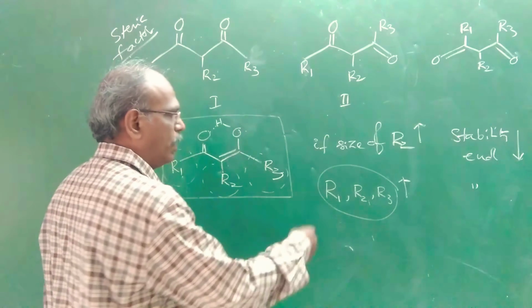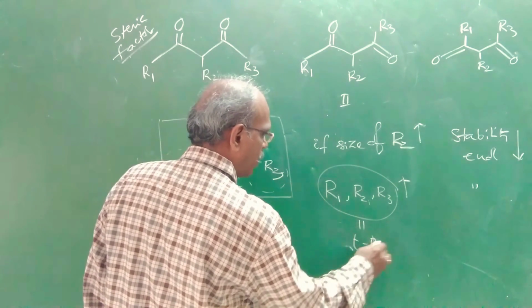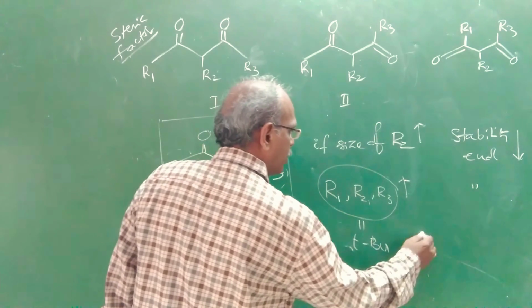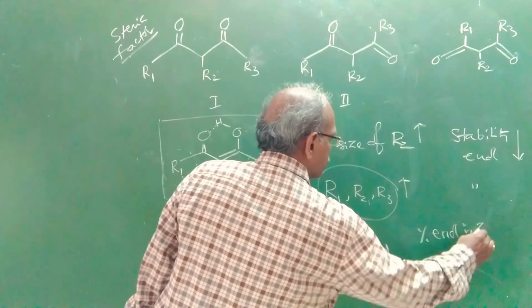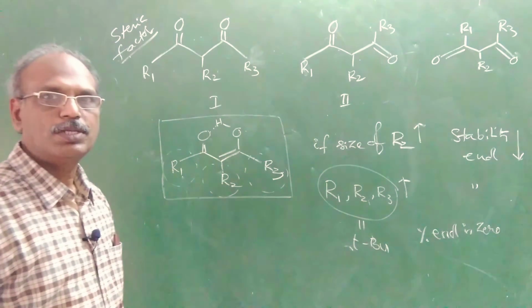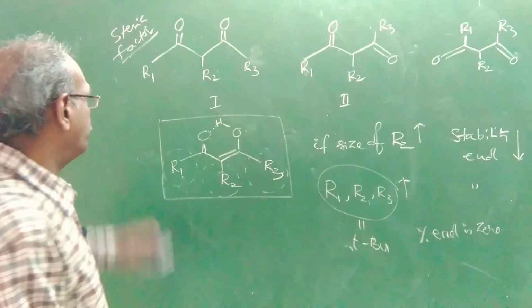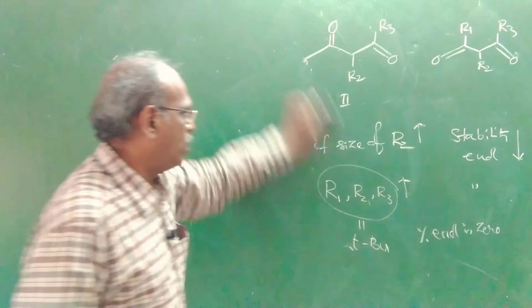Okay, like that. If these are equal to tertiary butyl, then percentage of enol is 0. So this is the steric factor. Next, effect of solvent.